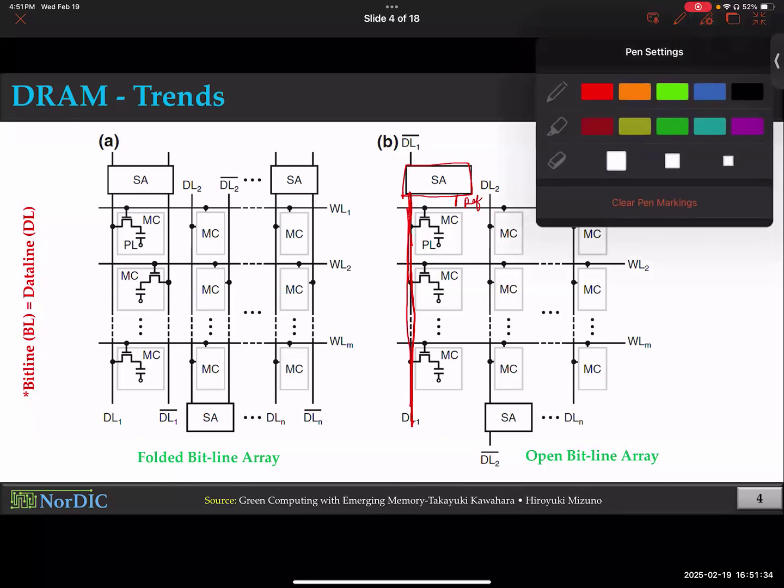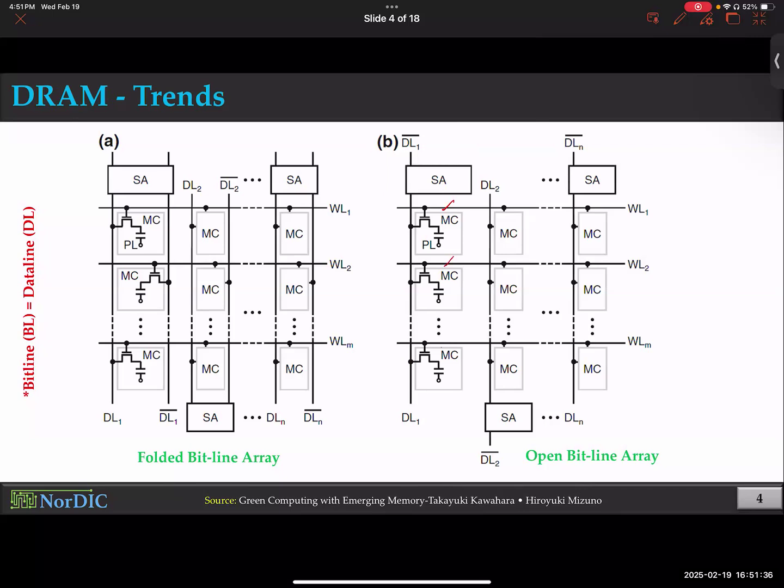Every cell in every column will have one common data line, or bit line, and that's the same across all the columns. And the rows are pretty straightforward too, because all the cells in a row will have the same word line, as you can imagine.